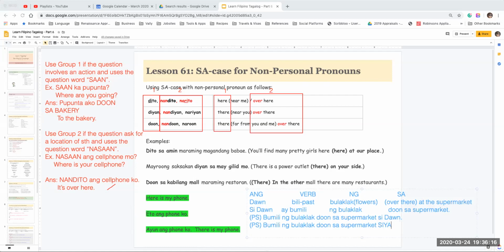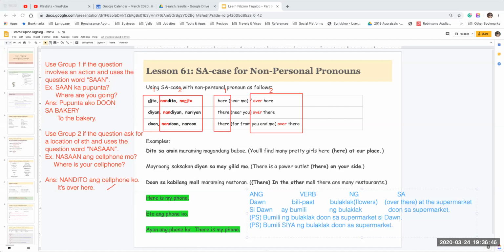The pronoun? Siya. It's correct. But can we put a pronoun at the end? For PS? Where do we put the pronoun? Right after the verb.